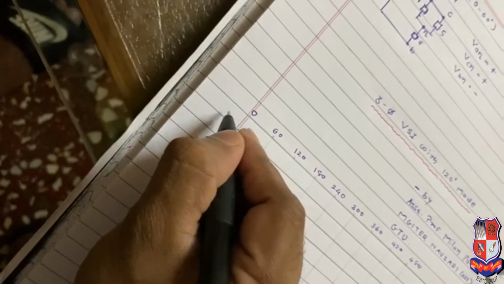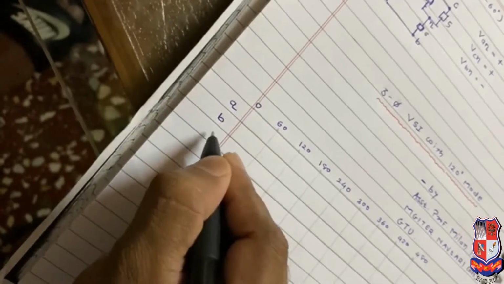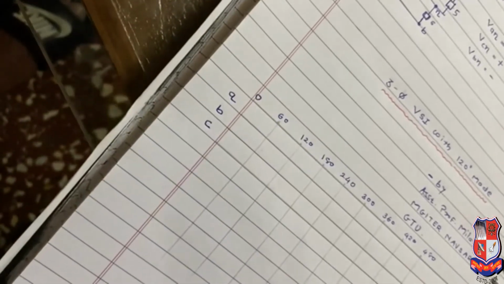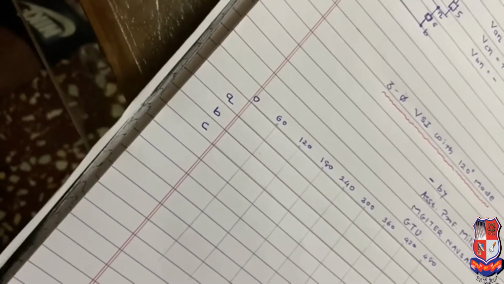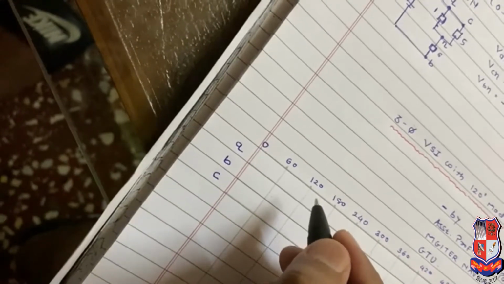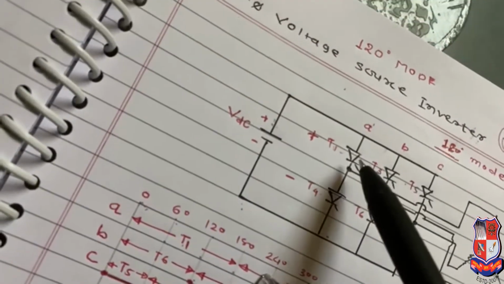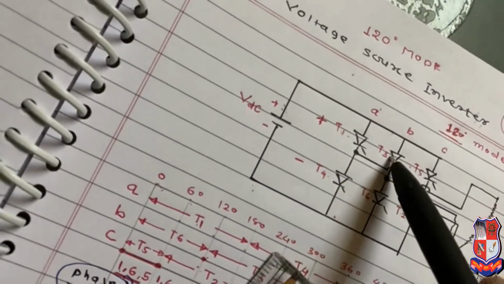Now this is for phase A, this is for phase B and this is for phase C. Now we know that for phase A the switches are T1 and T4.